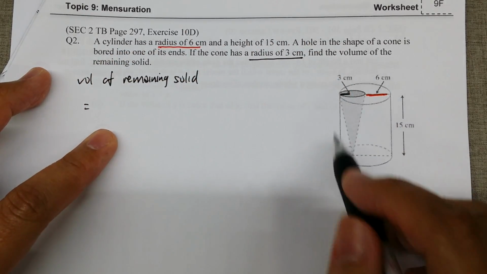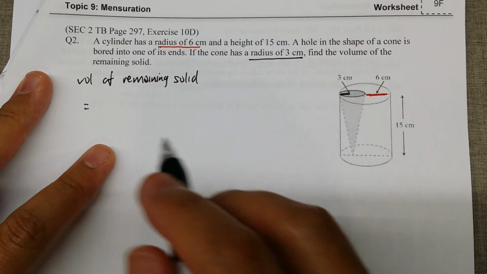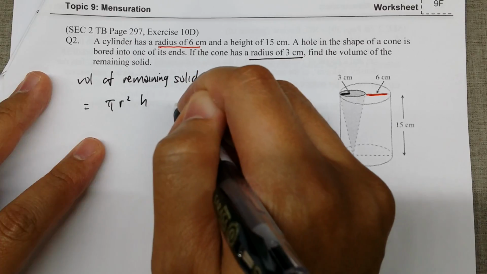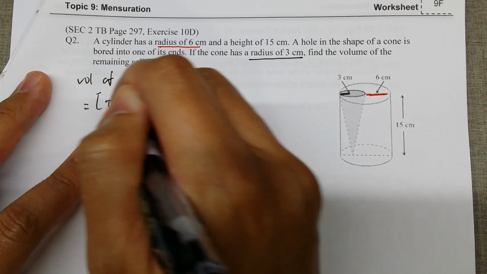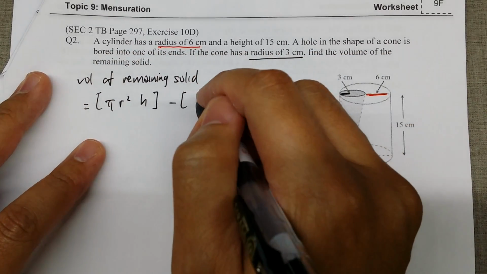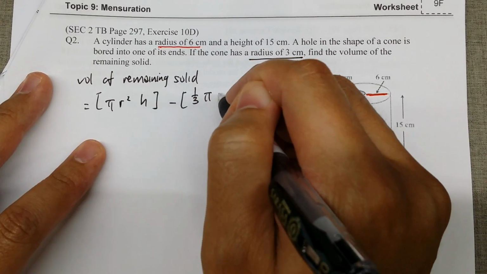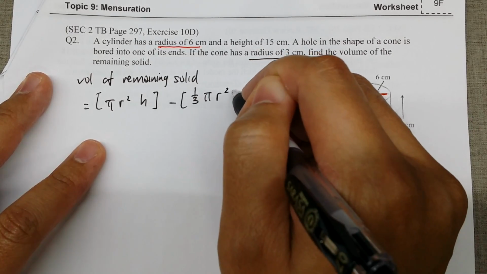Volume equals to volume of cylinder minus volume of cone. Volume of cylinder pi r square h minus away volume of cone. 1/3 what? 1/3 pi r square h.